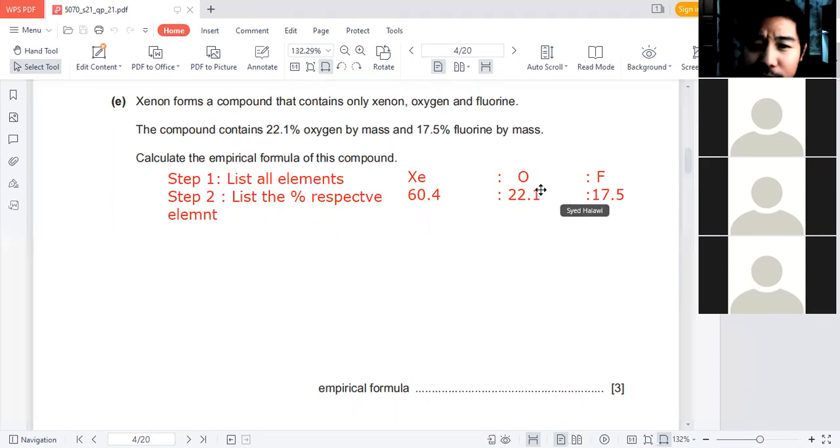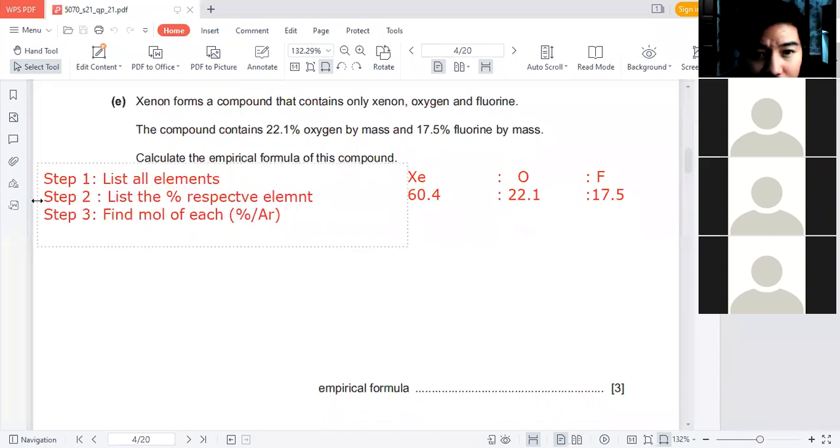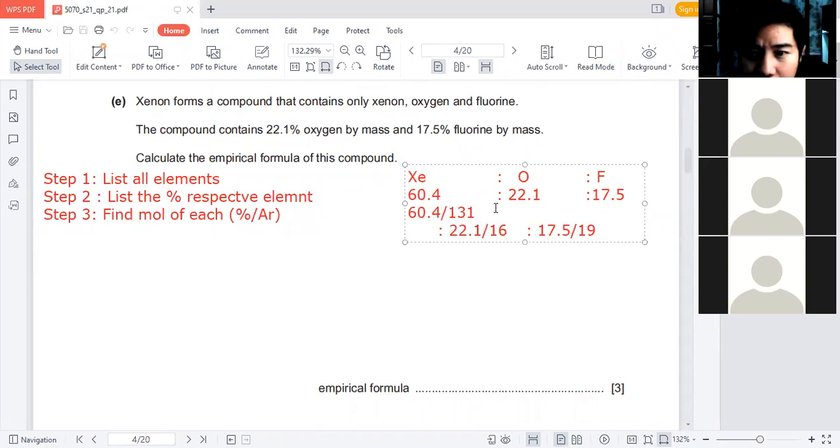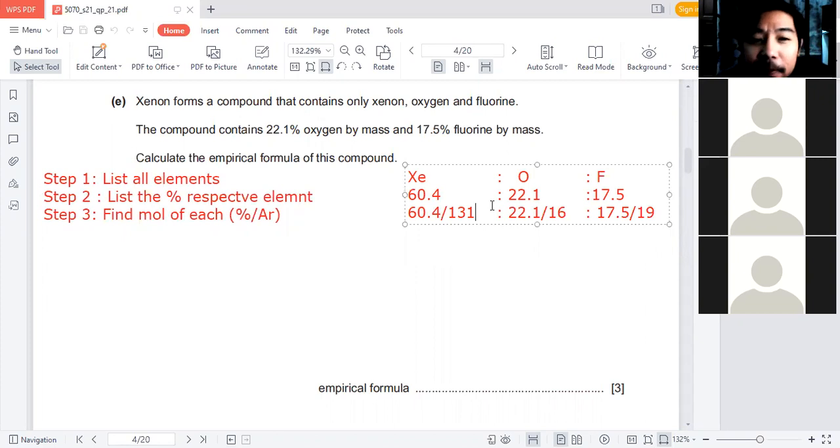Oh God, I'm going to have to do this again. I don't want to do that. It's so tiring. So 131, 19. Luckily we still have that.